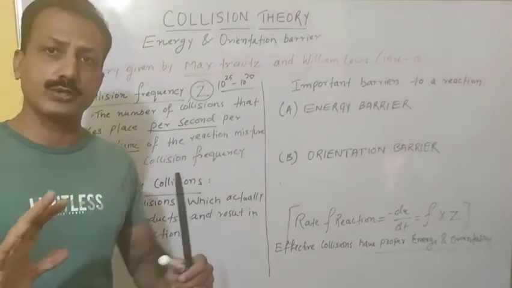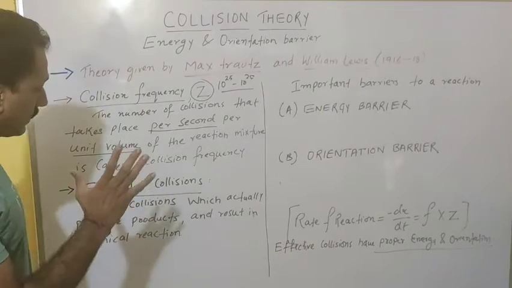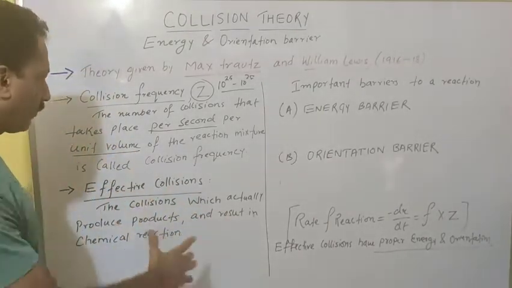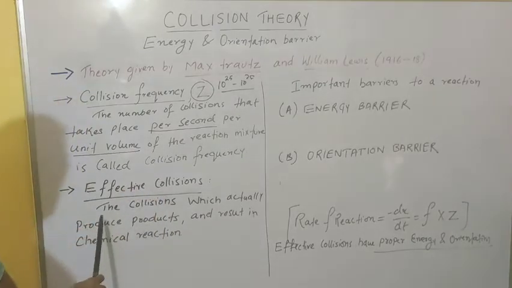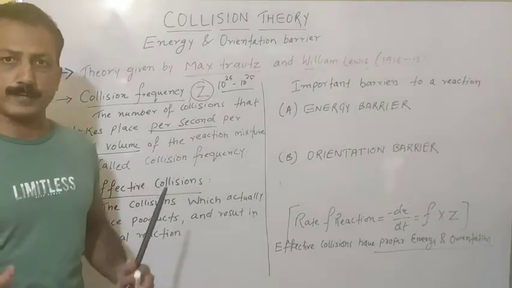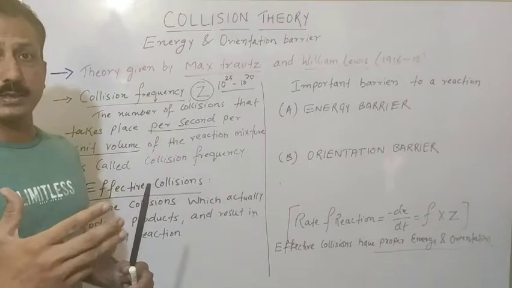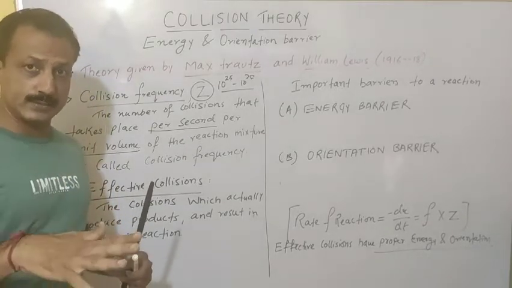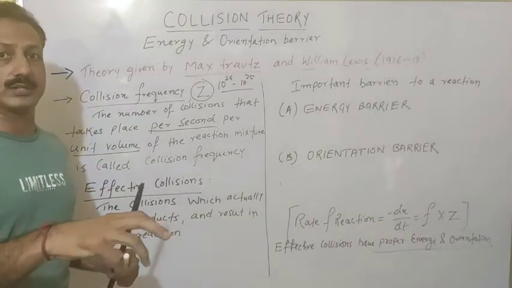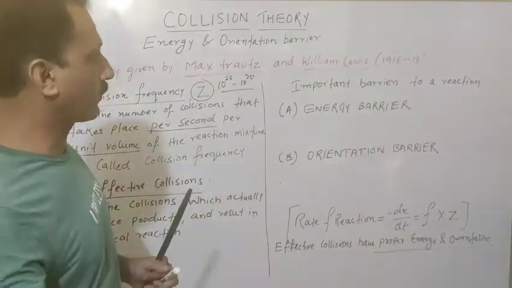Though the collision frequency can be of a very high magnitude, the effective collisions decide the product formation. What are effective collisions? The collisions which actually produce products and result in chemical reactions. So, though the collision frequency can be of very high order, the product formation is very less. That basically tells us about the understanding of effective collisions, those collisions which are actually responsible for the product formation.